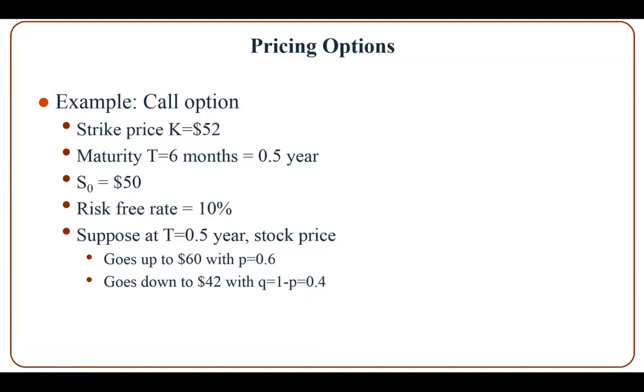And suppose at time T of 0.5 year, the stock price may go up to $60 with probability of 0.6, or go down to $42 with a probability of 0.4.